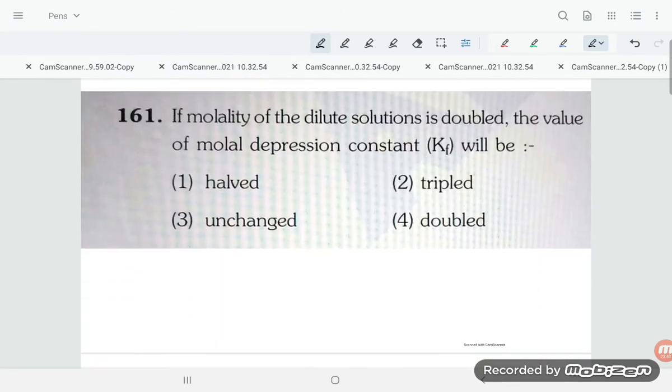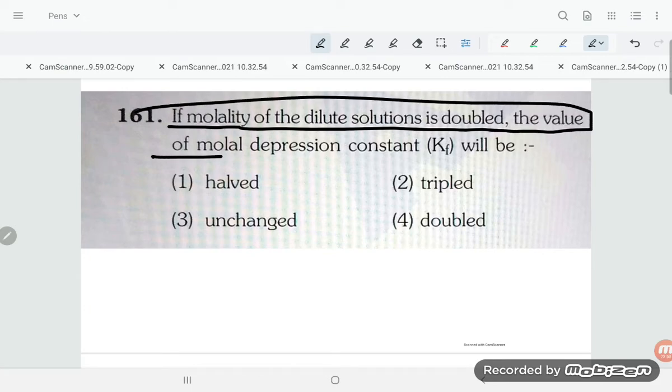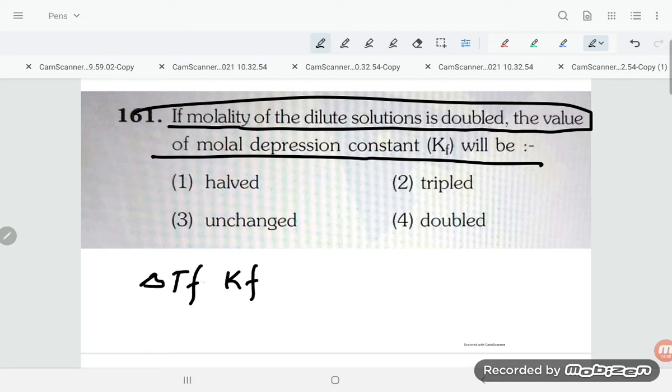161. If the molality of a dilute solution is doubled, the molal depression constant Kf will be? You know very well, students, that delta Tf is equal to i into Kf into m.